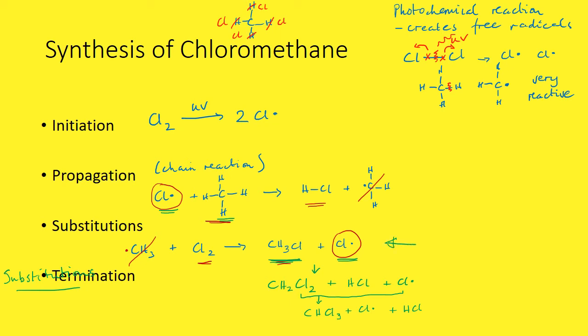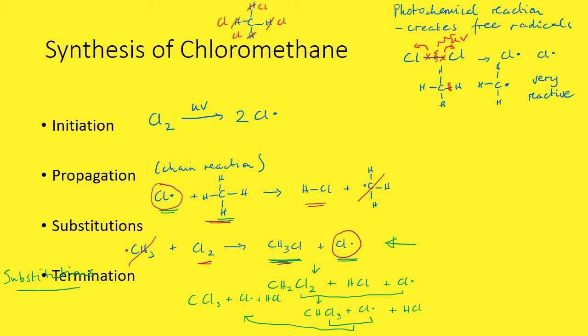And the last step would be that if our free radical and our trichloromethane reacted together, then you would get your tetrachloromethane, like so, and the free radical and the hydrogen chloride. And so you can see that you would get 4 products all mixed up together. You would get chloromethane, dichloromethane, trichloromethane, and tetrachloromethane.